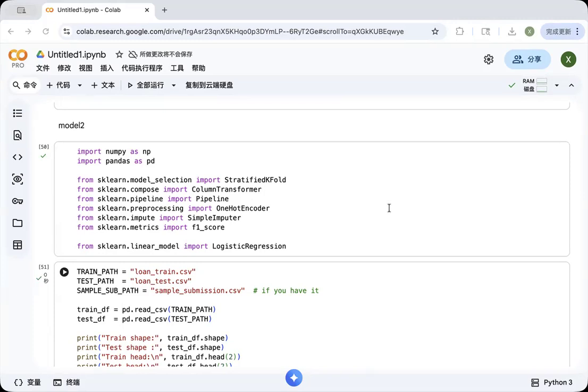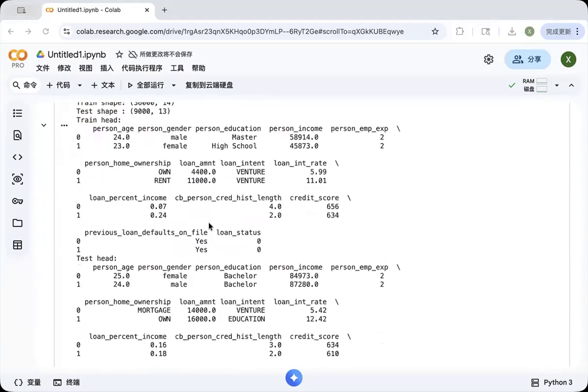So in summary, we improved the classifier performance through feature engineering, class imbalance handling, threshold tuning, and hyperparameter optimization. We compared logistic regression, random forest, and LightGBM and found that LightGBM achieved the highest F1 score and the best business trade-off.